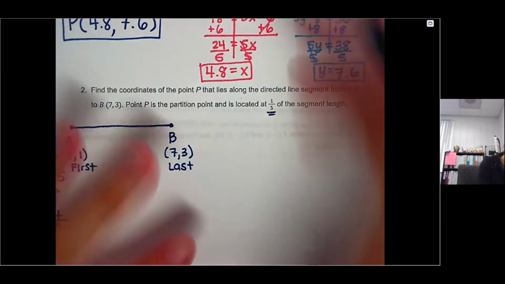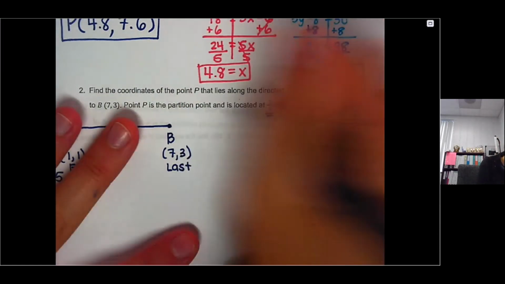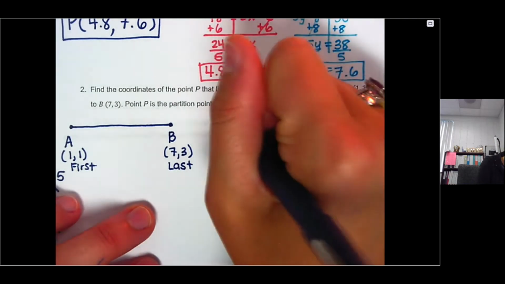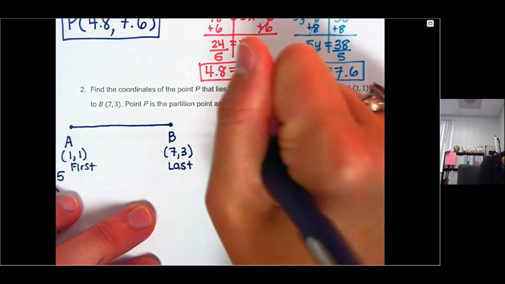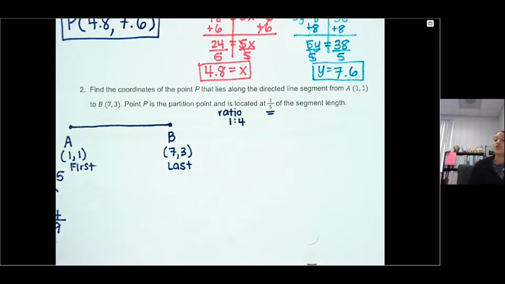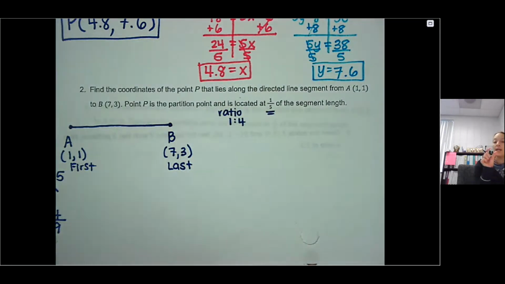Very nice. So I should put it as a ratio, it is 1/4. So if you're thinking about 1 to 4 pieces, should point P be closer to A or should it be closer to B? Should be closer to A. Good.